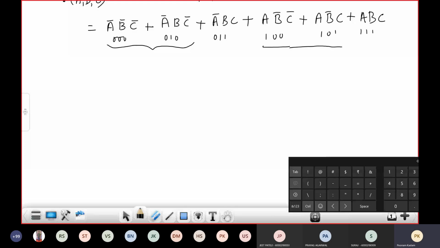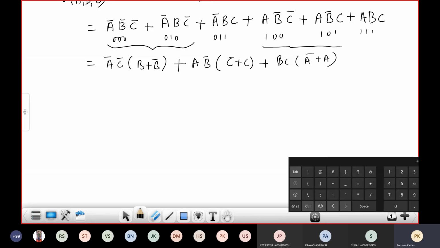If you take these 2 pairs, you can apply the combining theorem, or the distributive theorem also. A bar C bar is common, and what you get inside is B plus B bar. If you combine these two, A B bar is common, and inside you have C bar plus C. Then you combine the remaining two, and what you get is BC as common and A bar plus A inside. So which means A bar C bar plus A B bar plus BC.